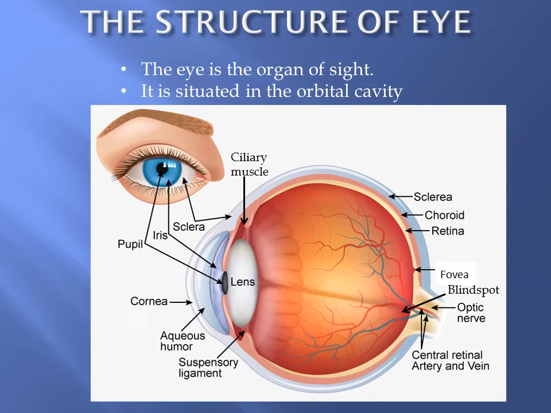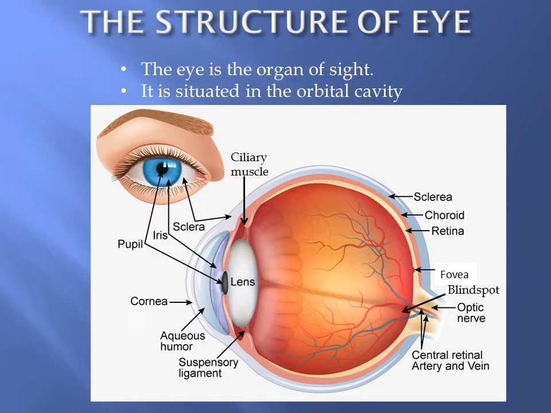Then the iris. The iris is a circular thin structure made up of contracting and relaxing muscles in the eye. It can control the size of the pupil and the light reaching the retina, and it defines a person's eye color.